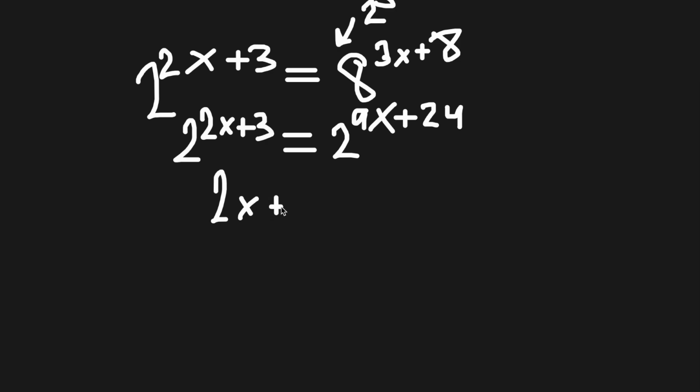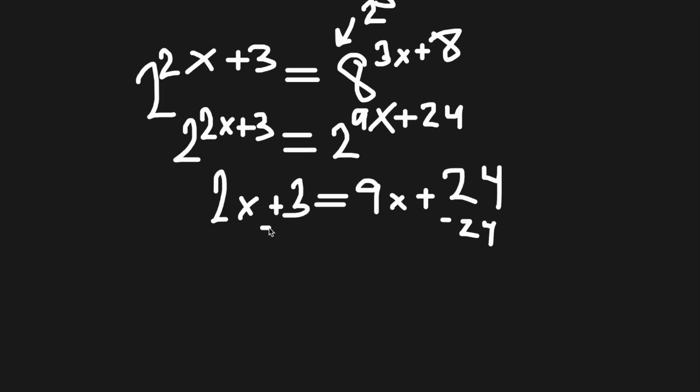2x plus 3 is equal to 9x plus 24. Now we're going to solve this. Subtract 24 from both sides, and then subtract 2x on both sides.